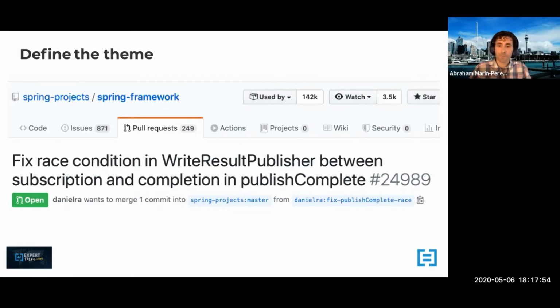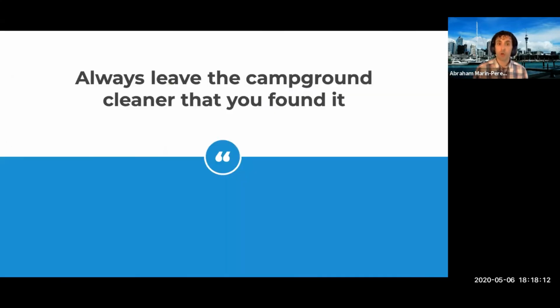And now, however, I'm telling you, if it is not directly related to the theme of the pull request, do not include that change. Now, how do you reconcile those two things? How do you stick to the theme and at the same time follow, I'm a big fan of this, the Boy Scout rule? Always leave the campground cleaner than you found it.